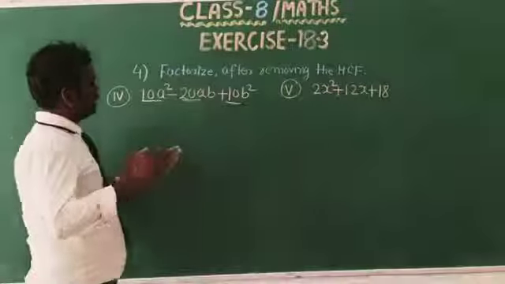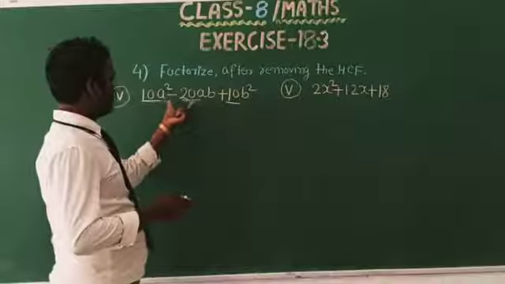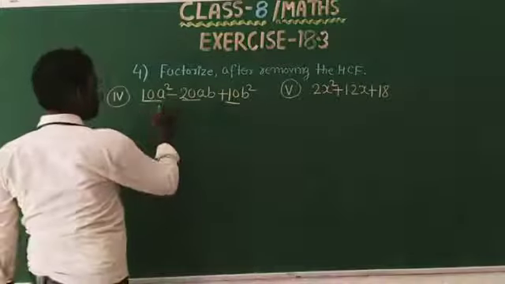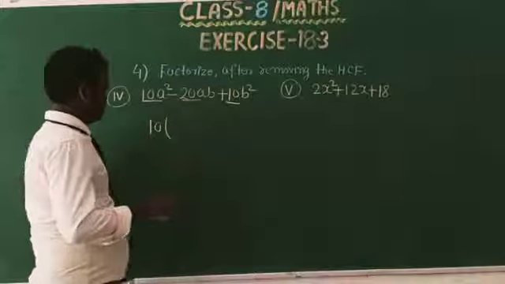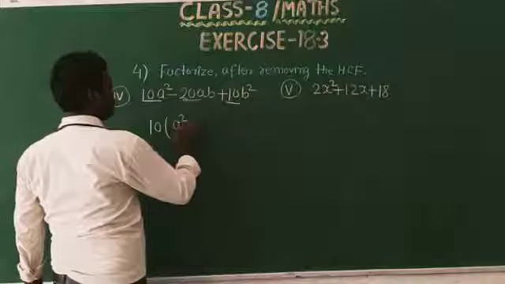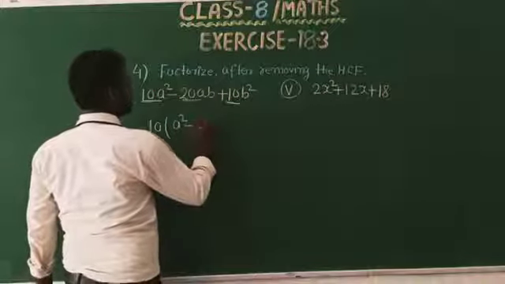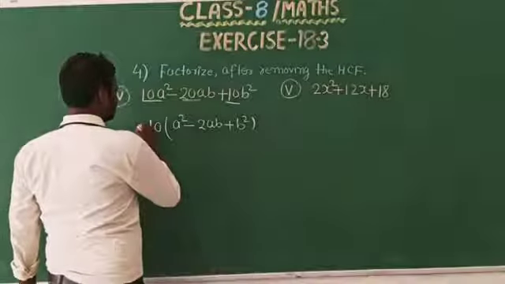Taking out 10 from all three terms, this becomes 10 and inside the bracket a square minus 2ab plus b square.